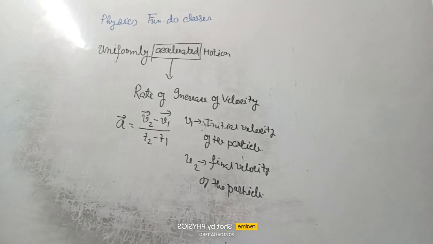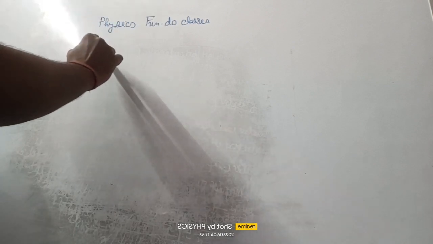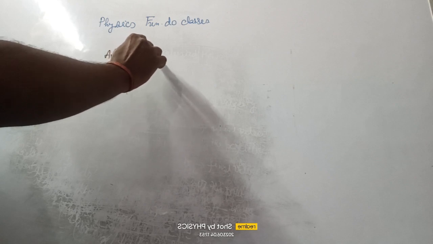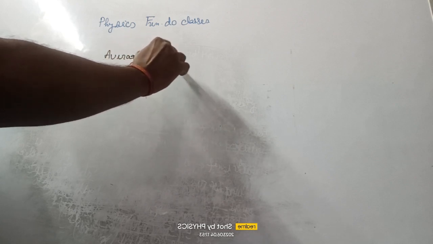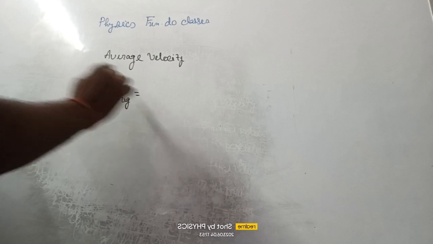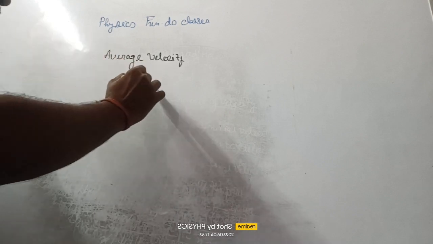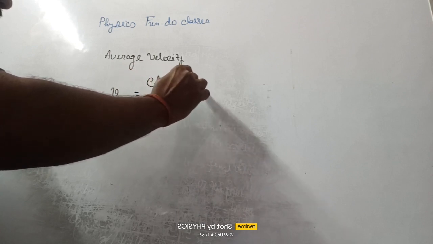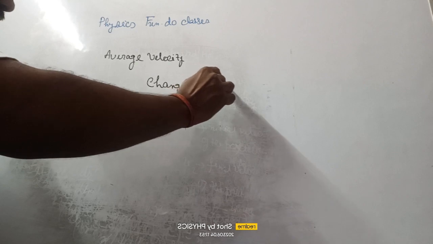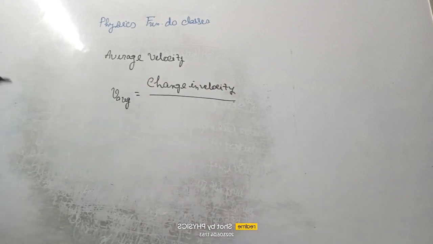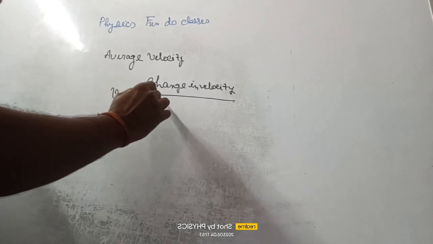Now let's move to velocity. What is average velocity? V average is equal to change in velocity by total time taken.